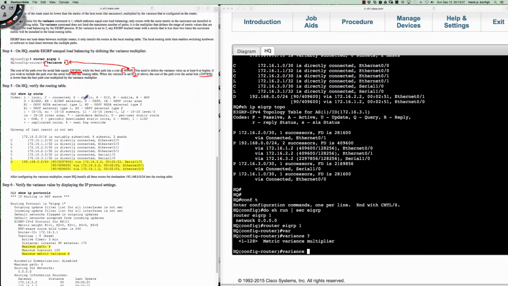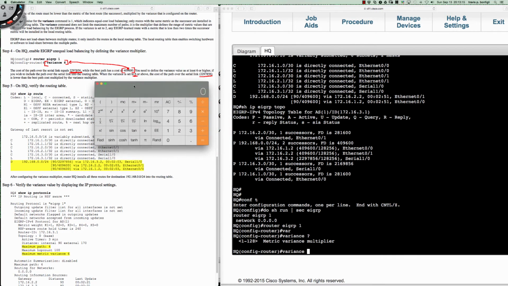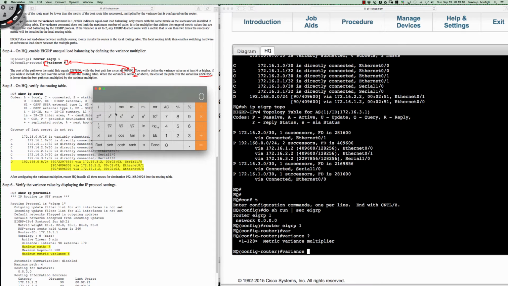And so I actually have a pretty simple way to calculate this. If I fire the calculator up here, in order to determine what the variance value should be, it's actually pretty straightforward. If I take 2,297,856, and again, this is the current metric for that serial link.